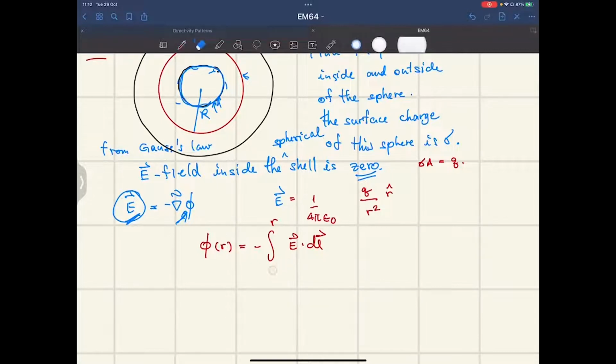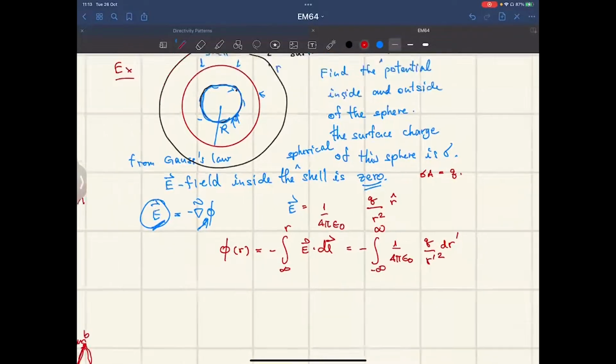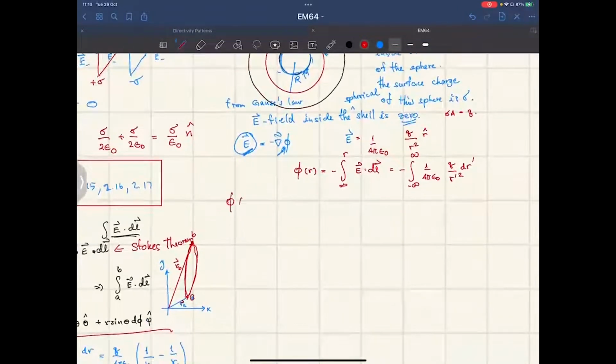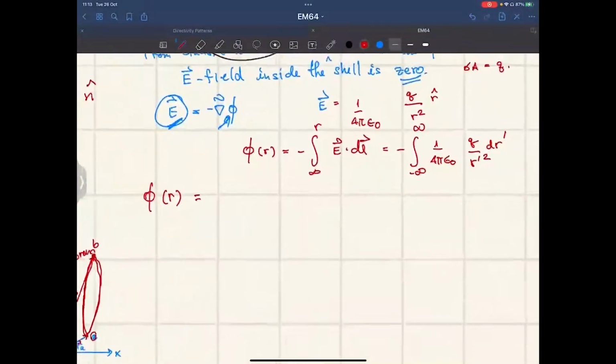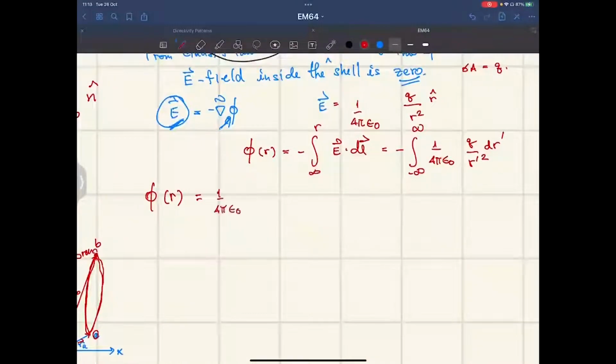Now I'm going to replace the reference with infinity. So V equals minus the integral of 1 over 4 pi epsilon naught, q divided by r prime squared, dr prime. I forgot the square. So we have V(r) equal to 1 over 4 pi epsilon naught, q divided by r prime, from infinity to r.